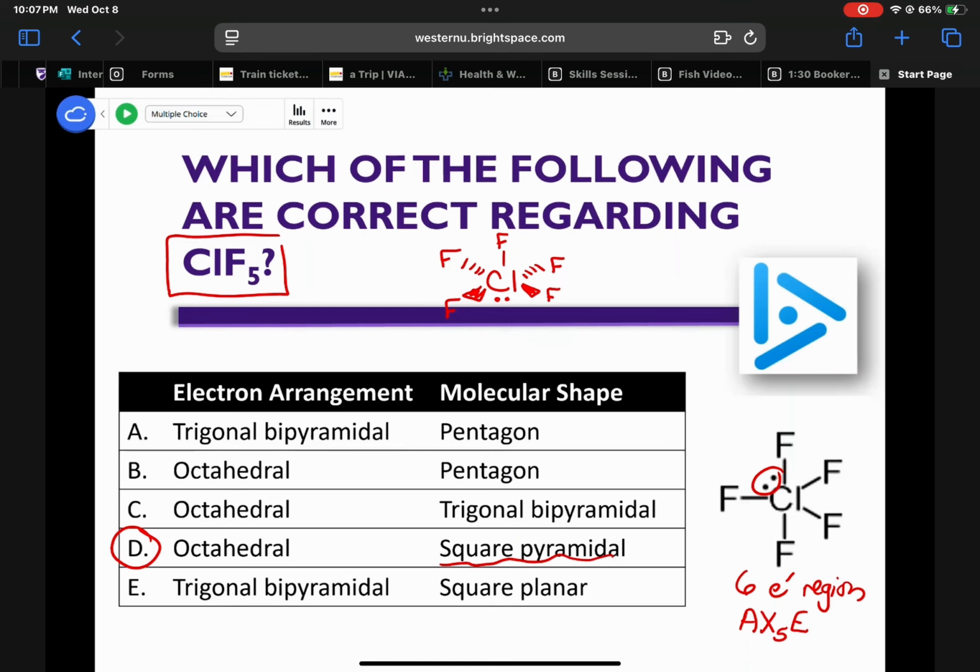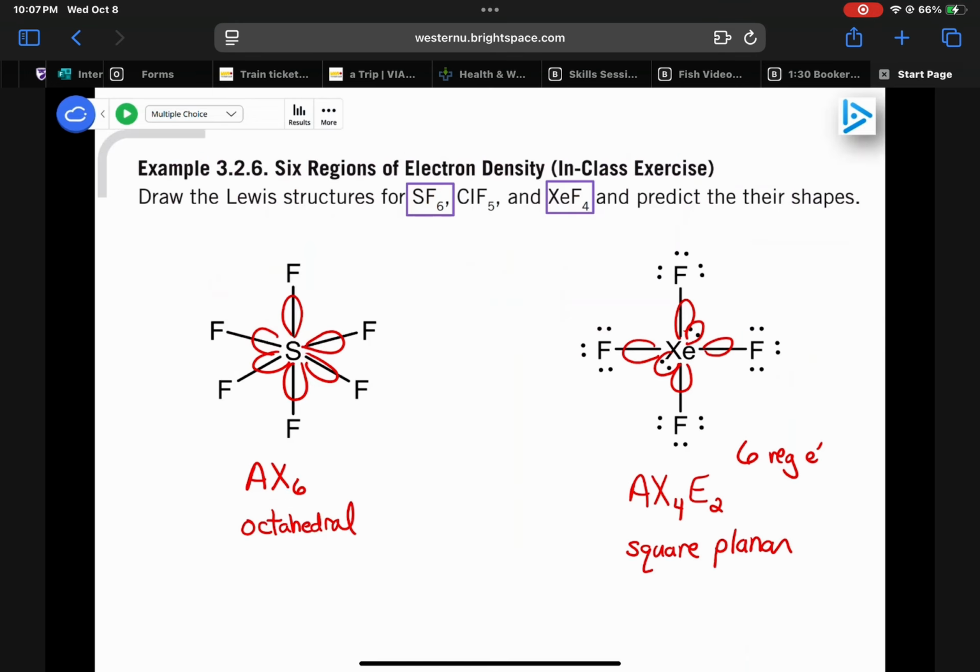I'm going to back up to the previous question because we didn't draw the 3D structures of these ones. So for my sulfur hexafluoride, I can draw the sulfur at the center, fluorine coming towards me and away from me, and towards me, and the fluorine going straight up on my paper and straight down on my paper.